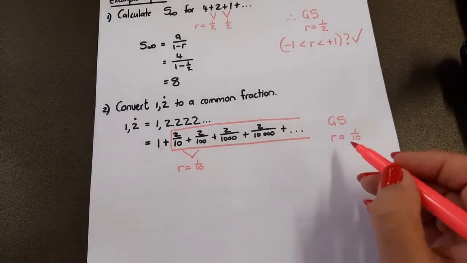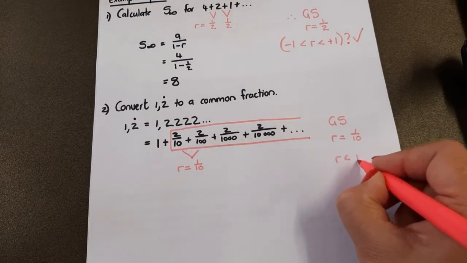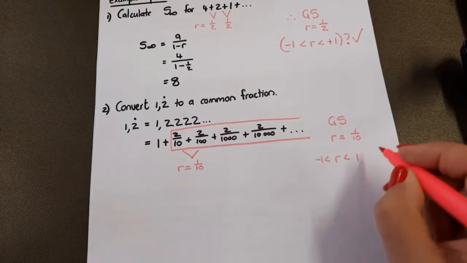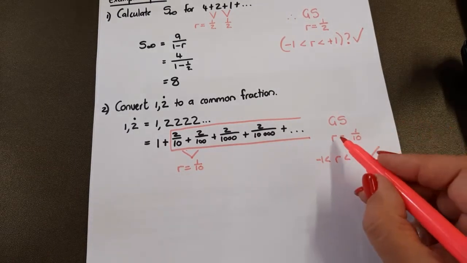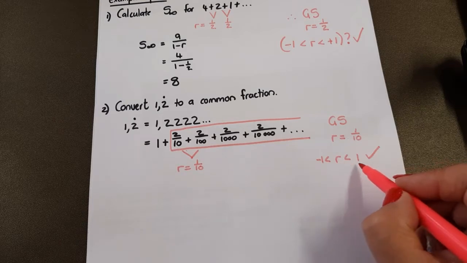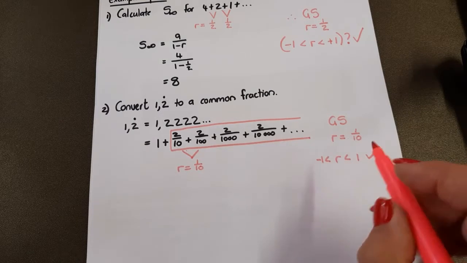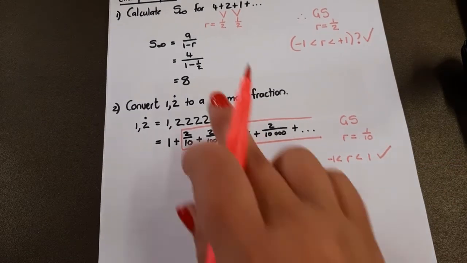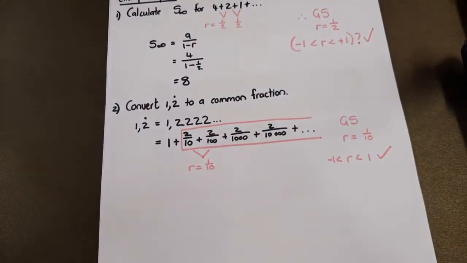And does r lie between 1 and -1? Yes. Because r lies between those two values, we can use the sum of infinity formula.